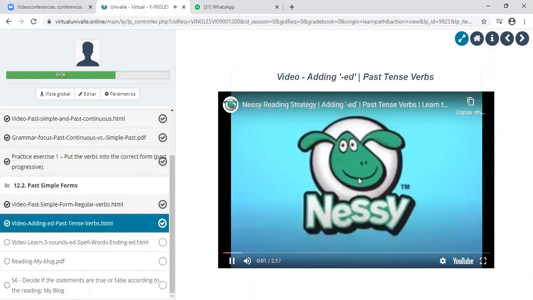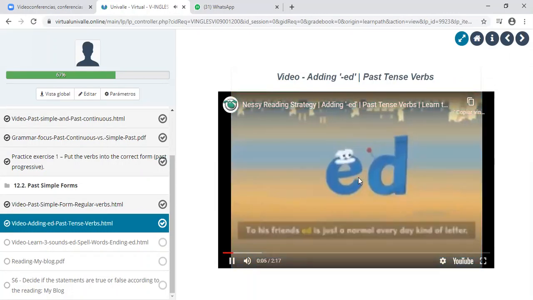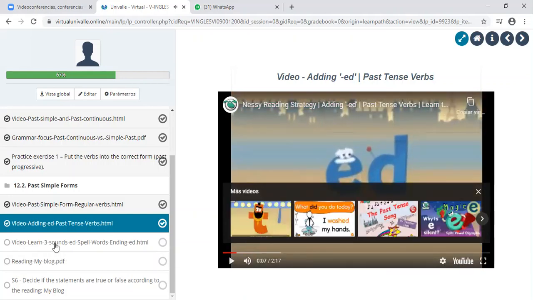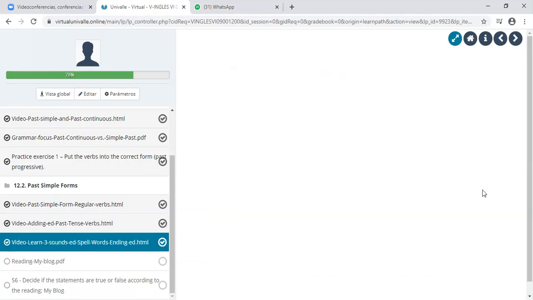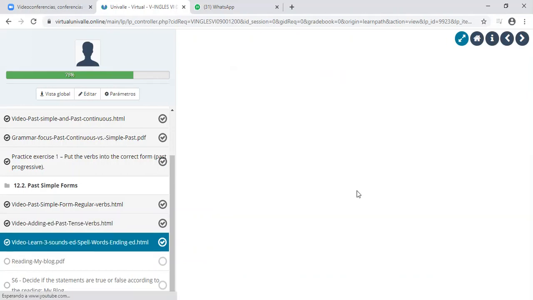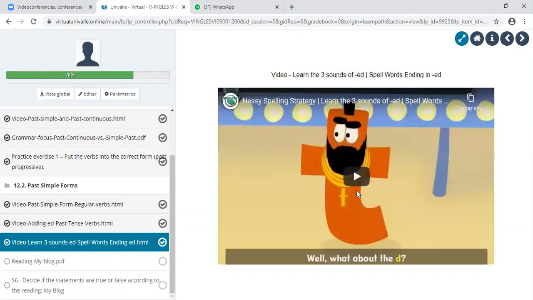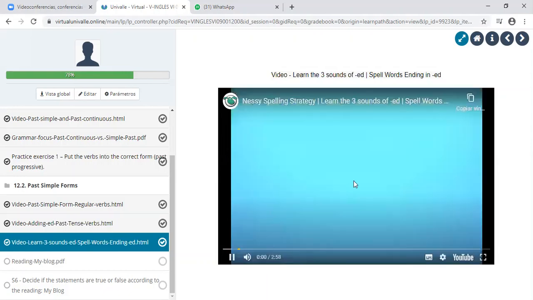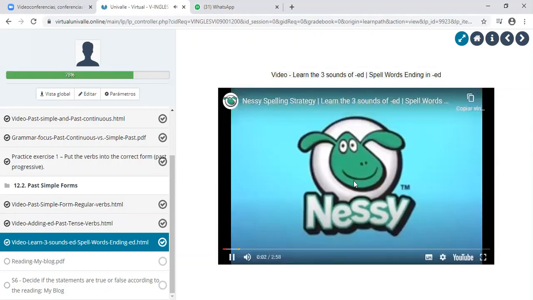Here you're going to learn the three different types of pronunciation. Learn three sounds of ed. The verbs that have ed at the end have three different ways to be pronounced, okay?